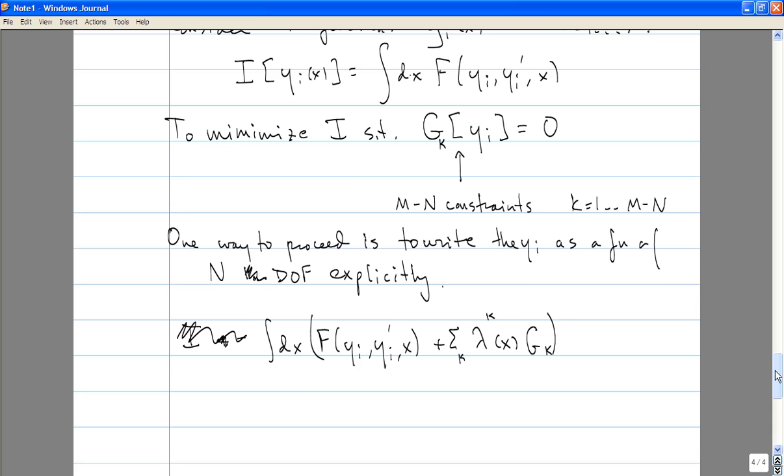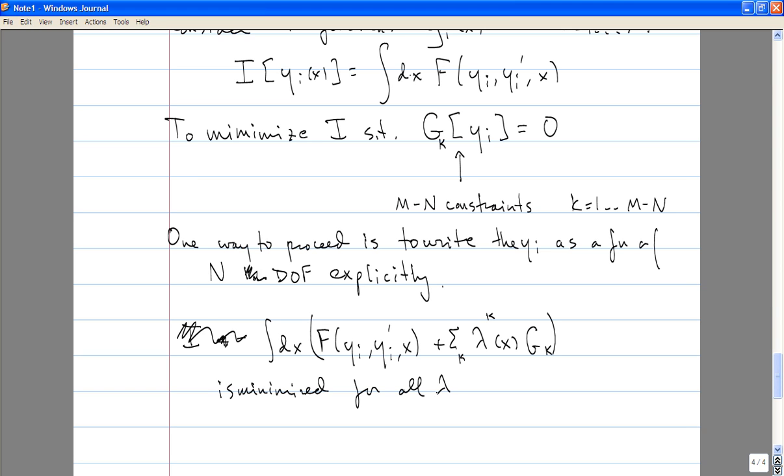And then the equations of motion are just the usual variational equations, Euler-Lagrange equations, that come from minimizing this quantity. So this is minimized for all lambda.